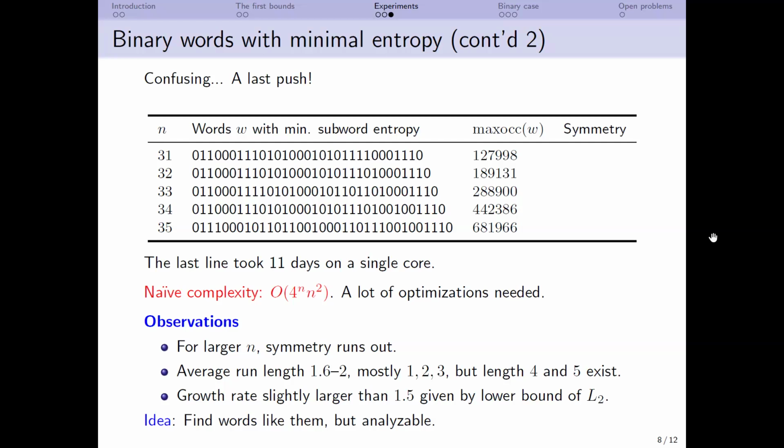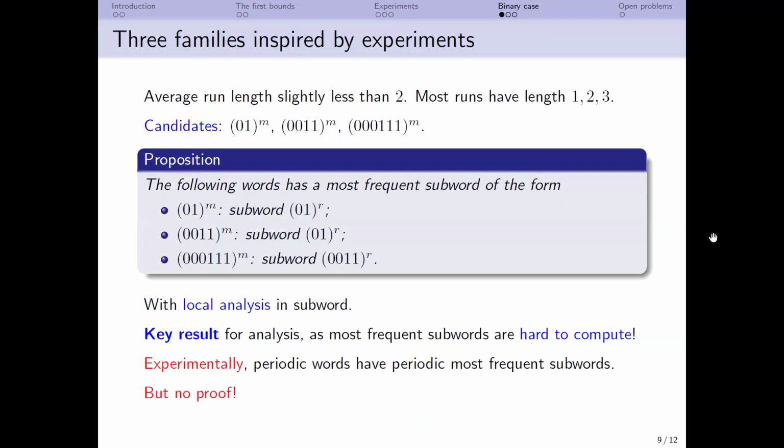Okay. Now our idea is that we want to give a better upper bound for the minimal subword entropy. And the idea is to find words that look like what we get, but are somehow analyzable. What are the words that look like them?